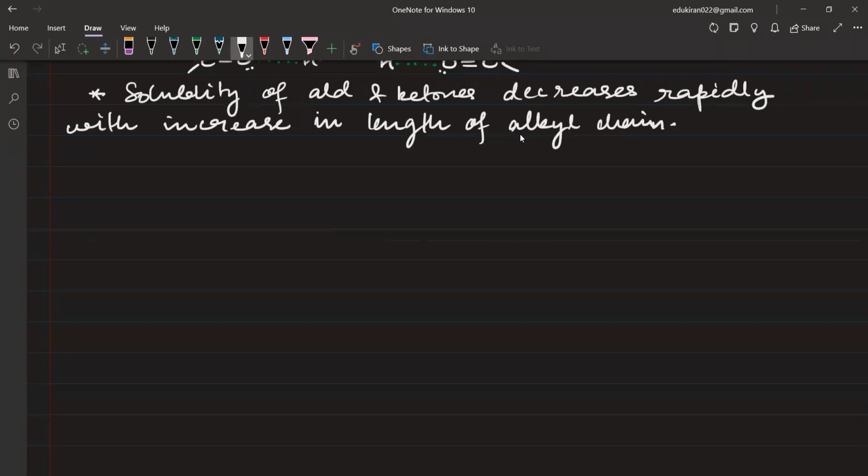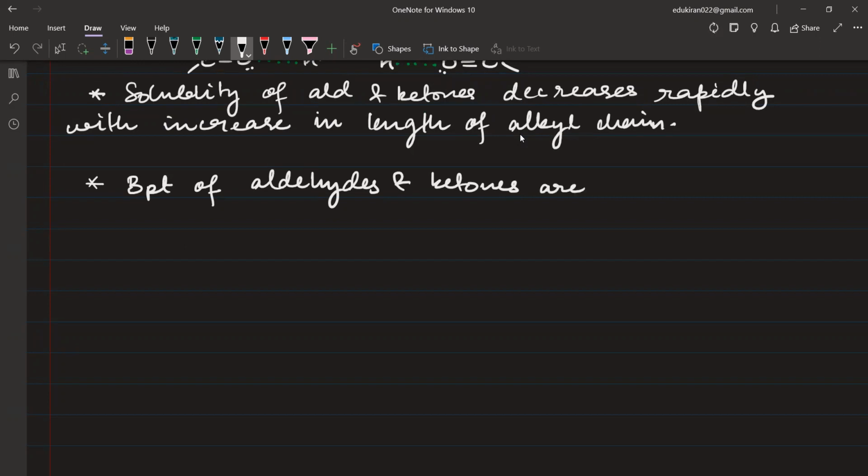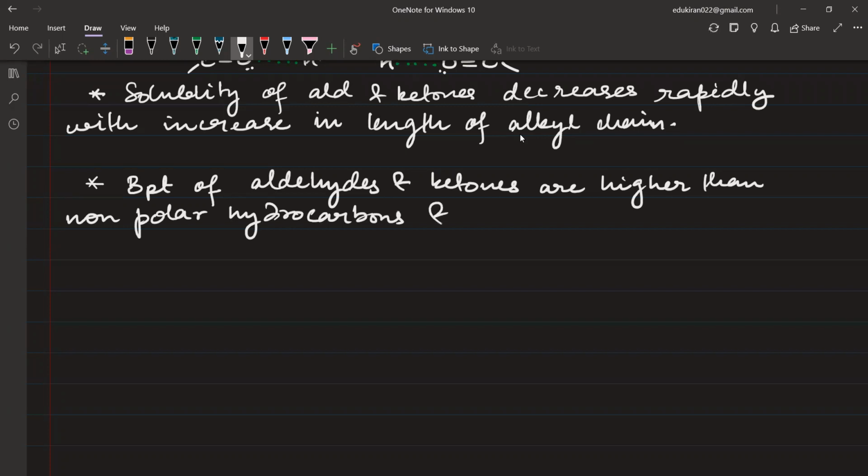Now, next regarding the boiling point. Boiling point of aldehydes and ketones are higher than non-polar hydrocarbons and weakly polar ethers.